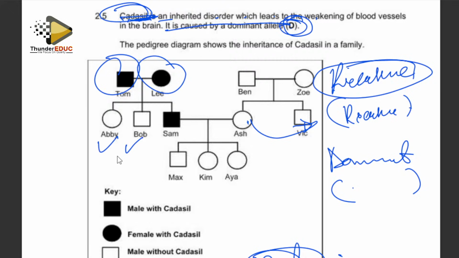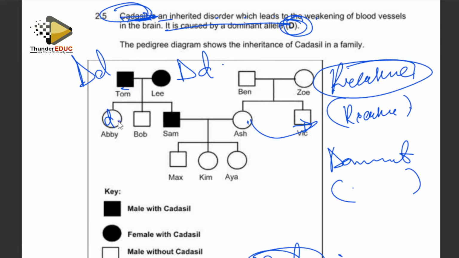You see? So if this was caused by a recessive allele, for example, small d, small d, how will they produce a dominant allele, capital D? Never. They can't. So here, the persons who are sick with the disorder produce a normal person. It means that the condition is caused by a dominant allele, meaning that these two were heterozygous for the condition.